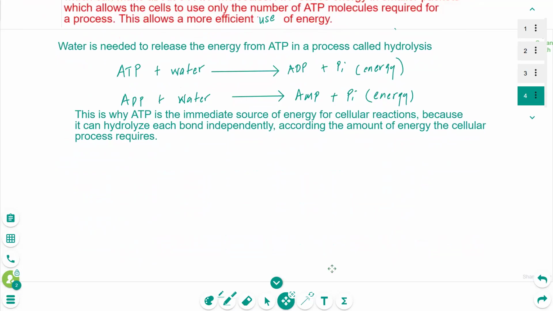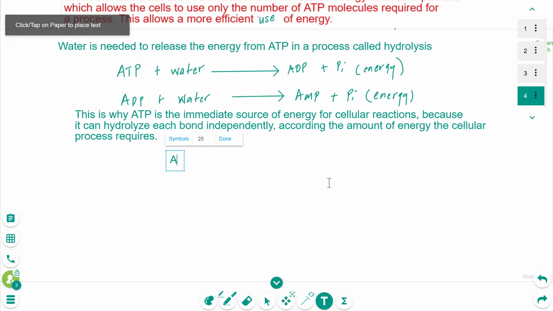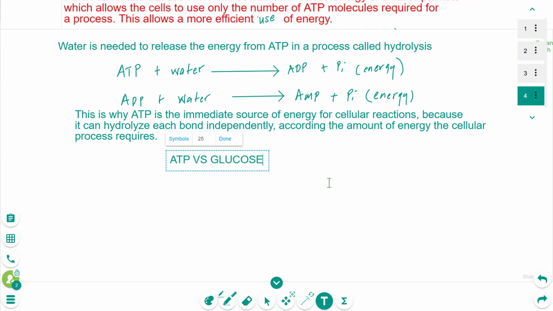We're going to compare ATP versus glucose.